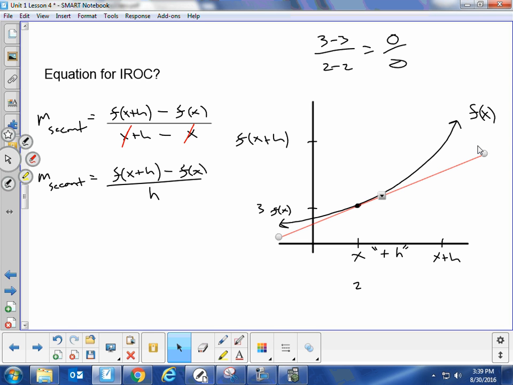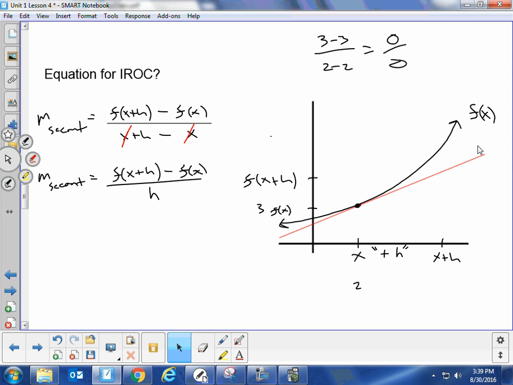I have x here where a point stayed. I added a distance. I got to x plus h. The points started getting closer and closer together. So this y value started to get lower and lower. Because what was changing? H was changing. What was happening to h?